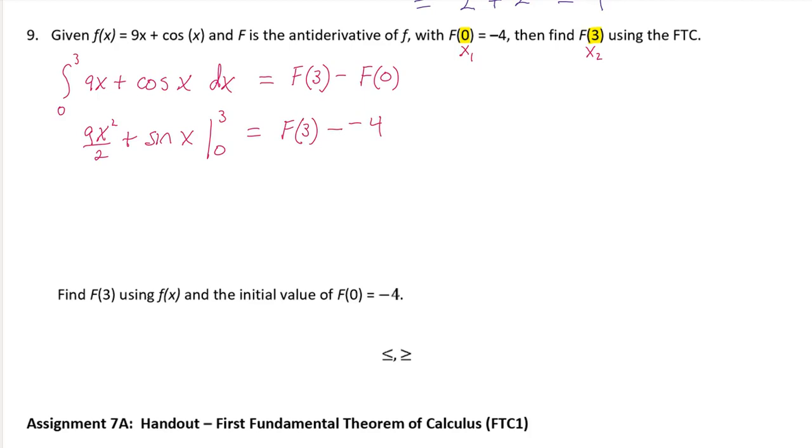All right, left side, let's go ahead and plug in. This is 9 times 3 squared over 2 plus sine of 3, minus, let's do our parentheses again, 9 times 0 squared over 2 plus sine of 0. And hopefully you're already thinking, hey, everything in those parentheses is 0 right there, which it is.